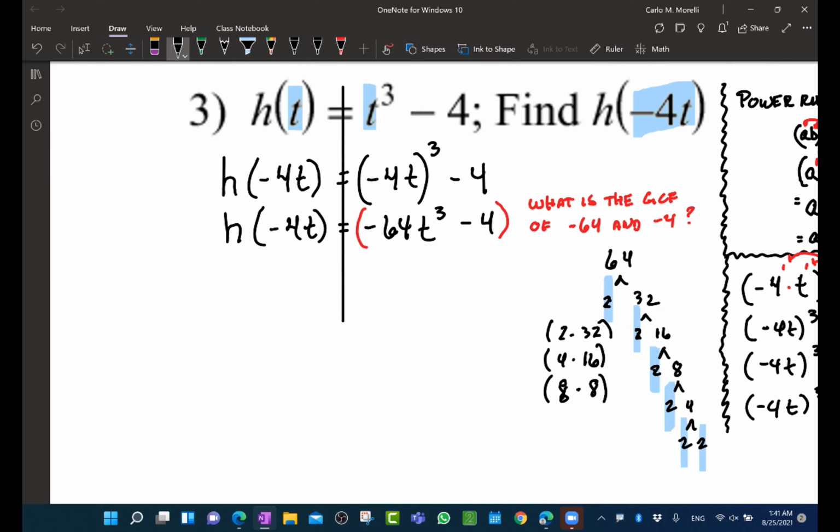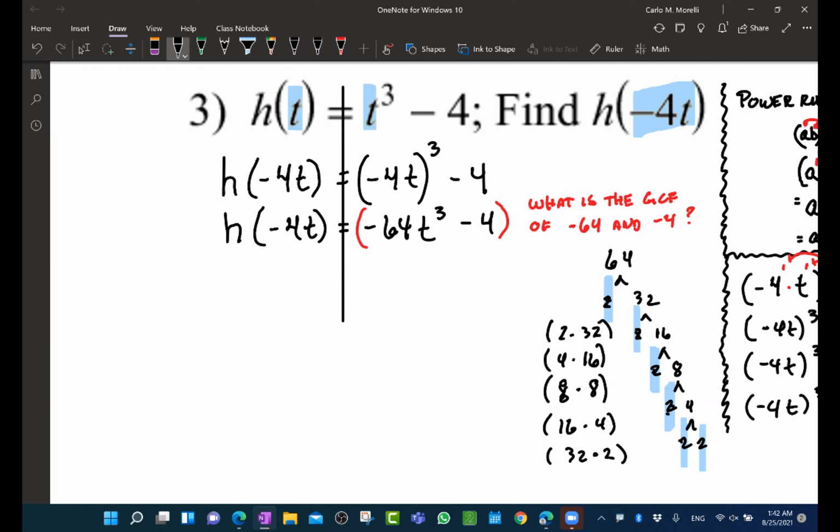Okay. Well, let's keep going. 2 times 2 times 2 times 2, so that's 16 times 4. And then 2 times 2 times 2 times 2 times 2, well, that should be 32 times 2. So these are all the different factor pairs of 64.